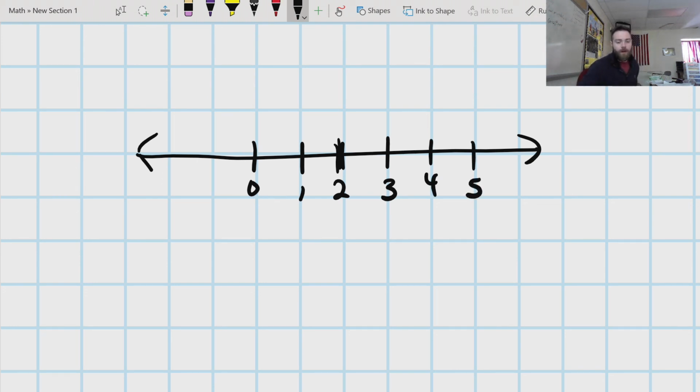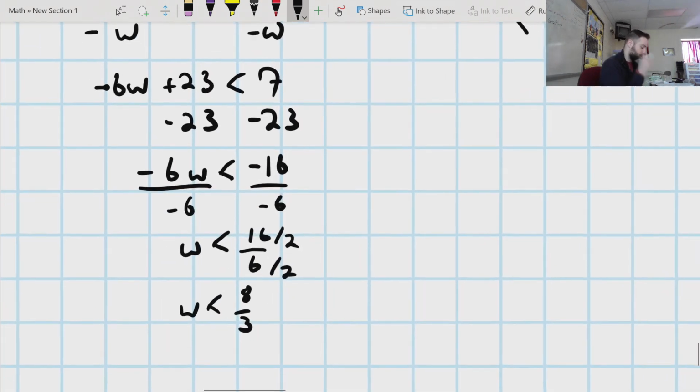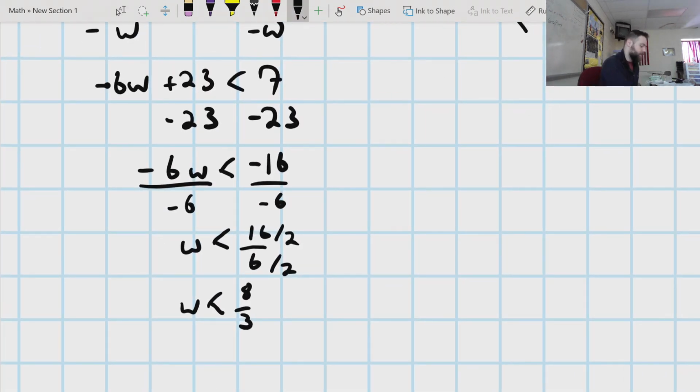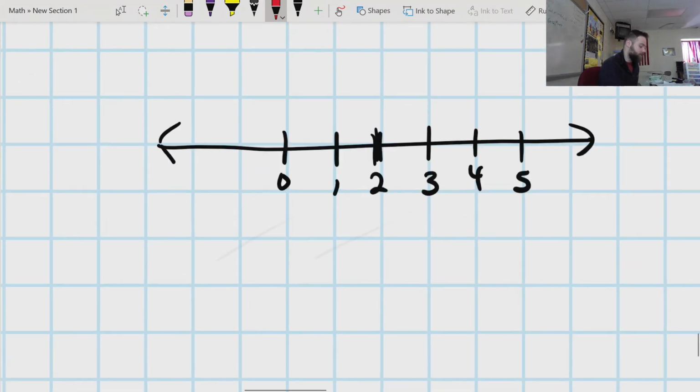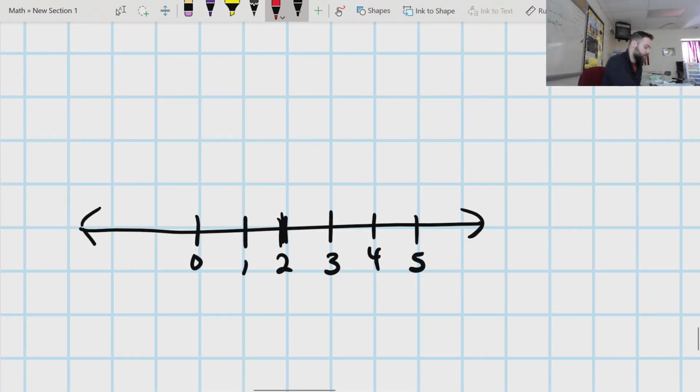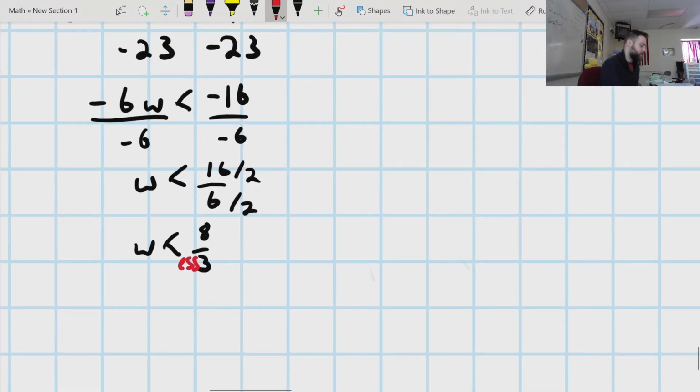I want to mark 2.6, and see if it's an open or closed dot. In this case, since it's less than and there's no equal to sign at the bottom, I'm going to have an open dot at 2.6, roughly right about here. Open dot, and it says w is less than.